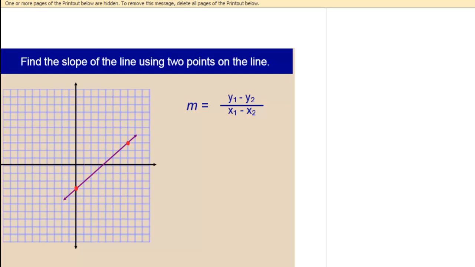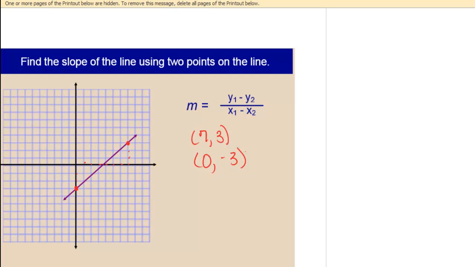So this top ordered pair would be 1, 2, 3, 4, 5, 6, 7. So my x value is 7. And then 1, 2, 3, my y value is 3. For this other one, we have an x value of 0, because it's on the y-axis, it's the y-intercept, and the y value of 1, 2, 3, of negative 3.